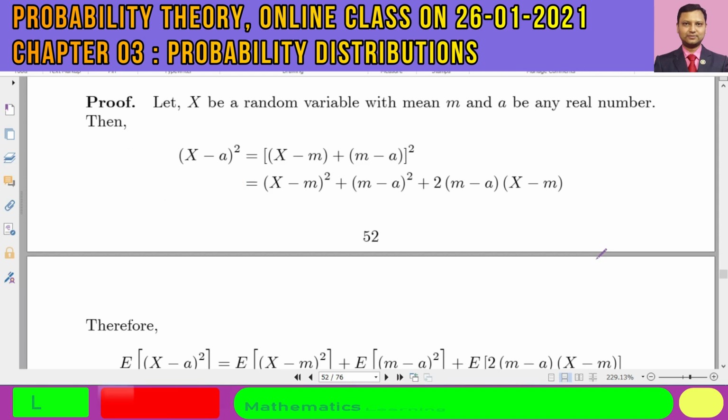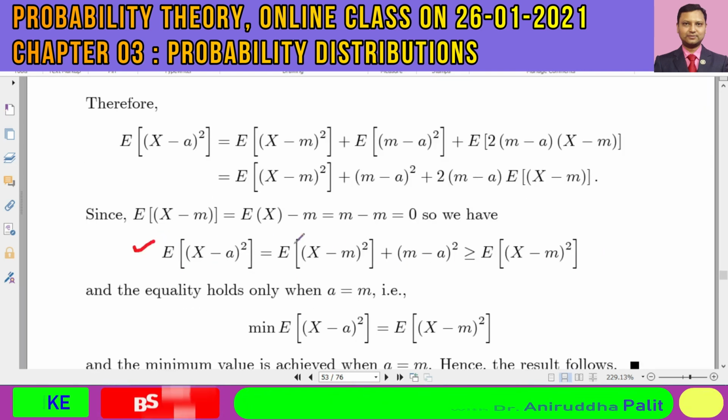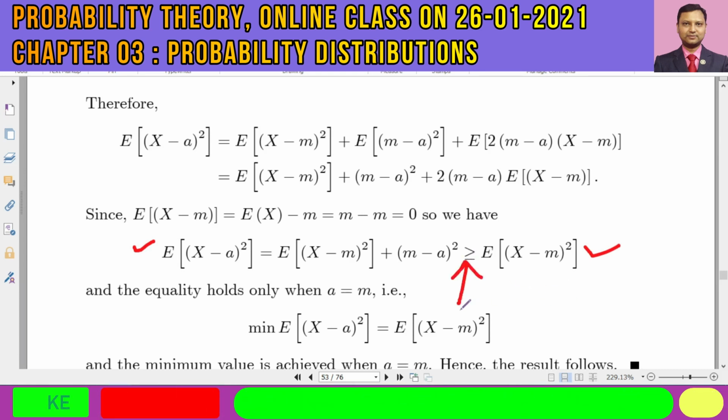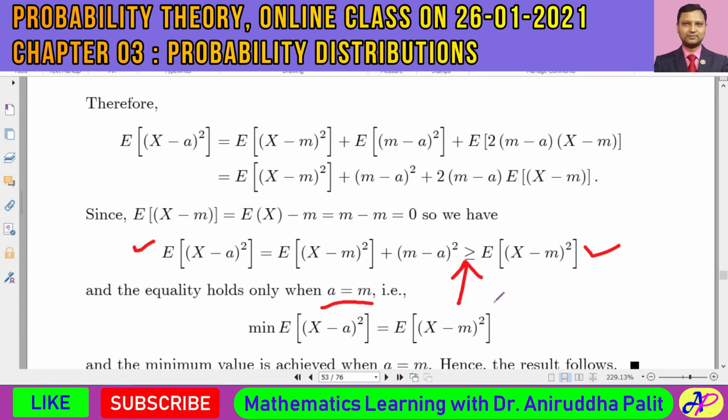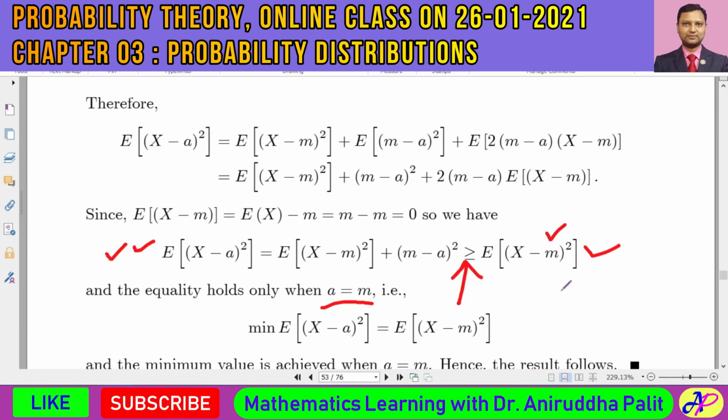And by computation, we have proved that the expectation of x minus a whole square is greater than or equal to the expectation of x minus m whole square, and this equality holds only when a is equal to m. That's why we can say that the minimum value of this expectation occurs whenever a is equal to m.